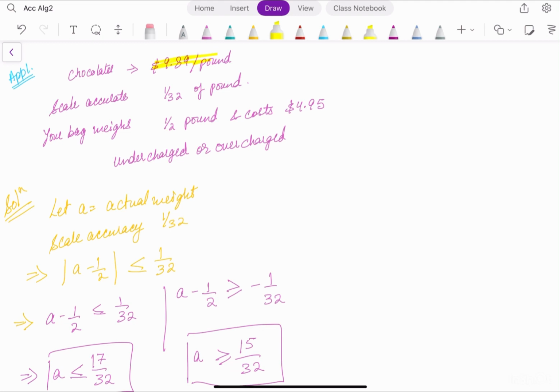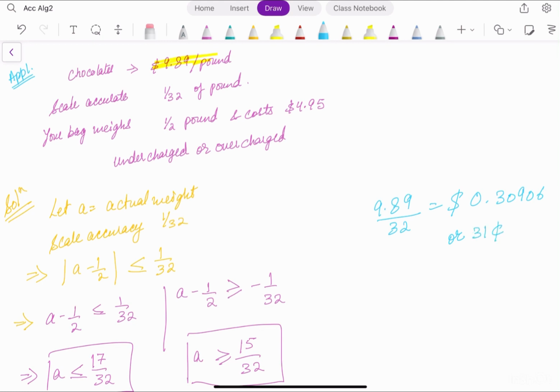So the price of 1 pound is 9.89 and the scale accuracy is 1 over 32. Let's multiply them together. So 9.89 times 1 over 32 will give you approximately 0.30906, which is nothing but 31 cents.